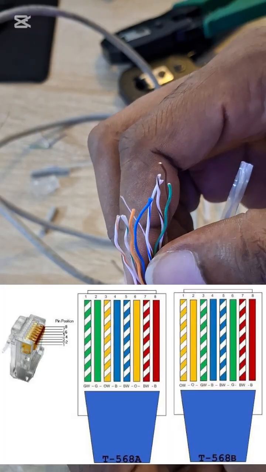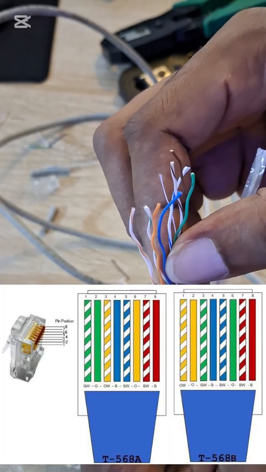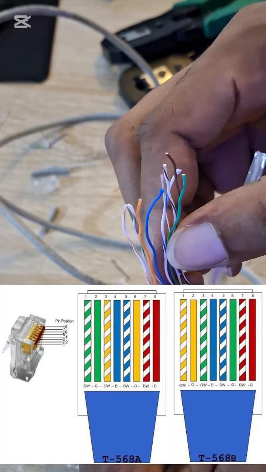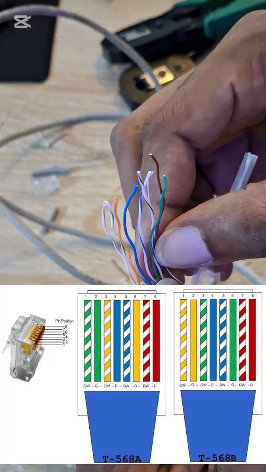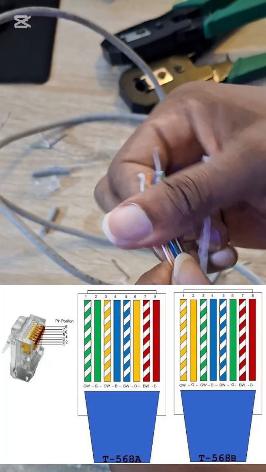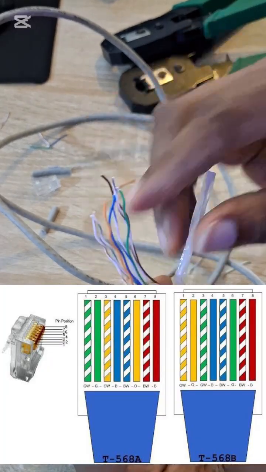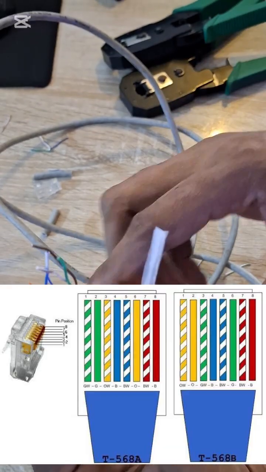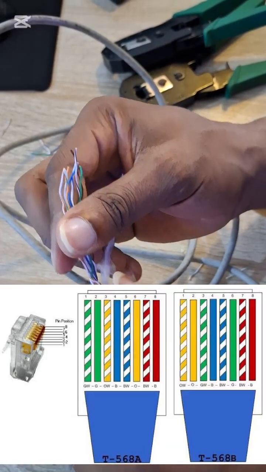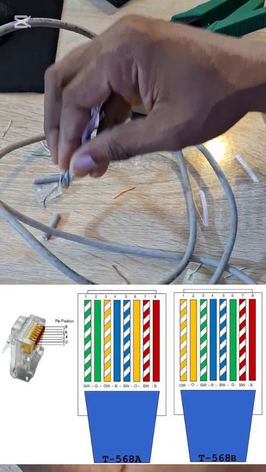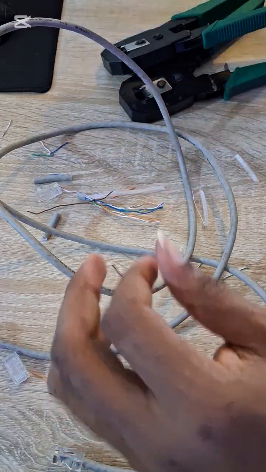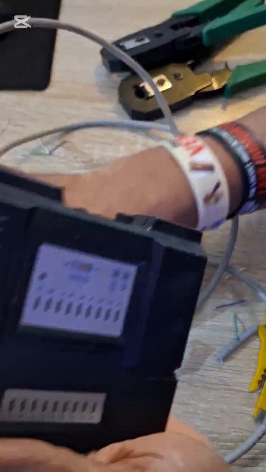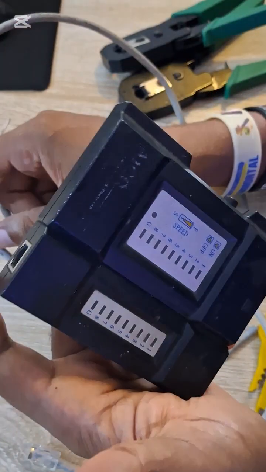So it's white orange, orange, white green, blue, white blue, green, then white brown, brown. If you arrange it that way, on one end you cut and crimp, and that is that. After you are done, you can run your cable testing.